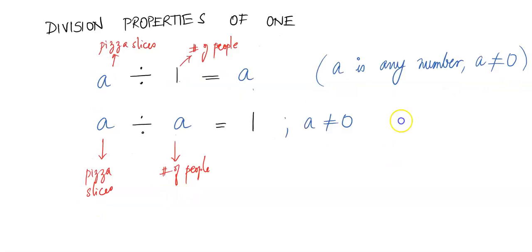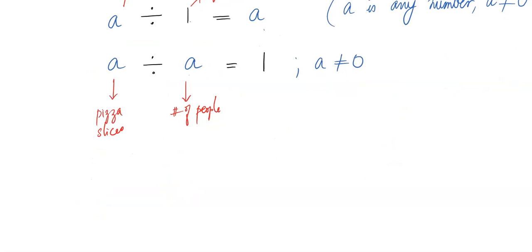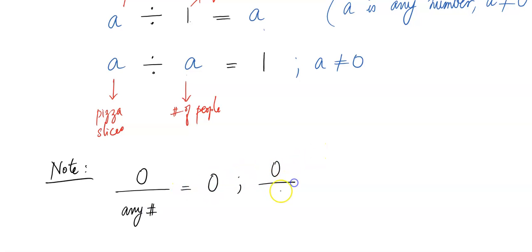Okay, so I'll just make a quick note here. Note: 0 divided by any number is equal to 0. 0 divided by 0 is undefined.